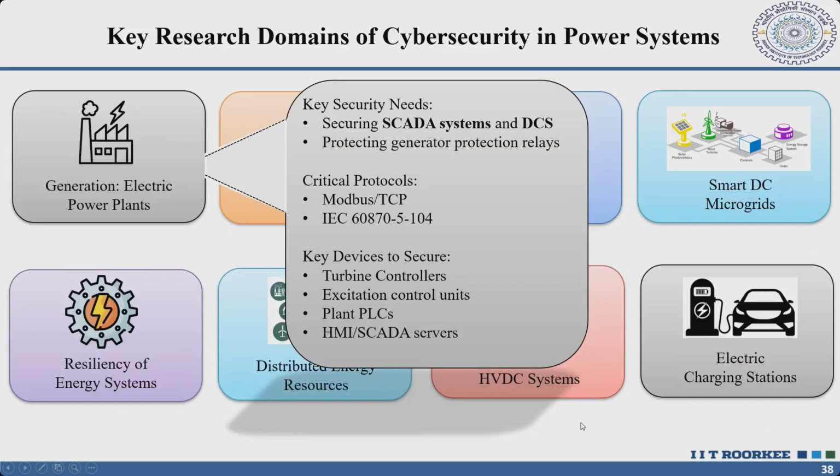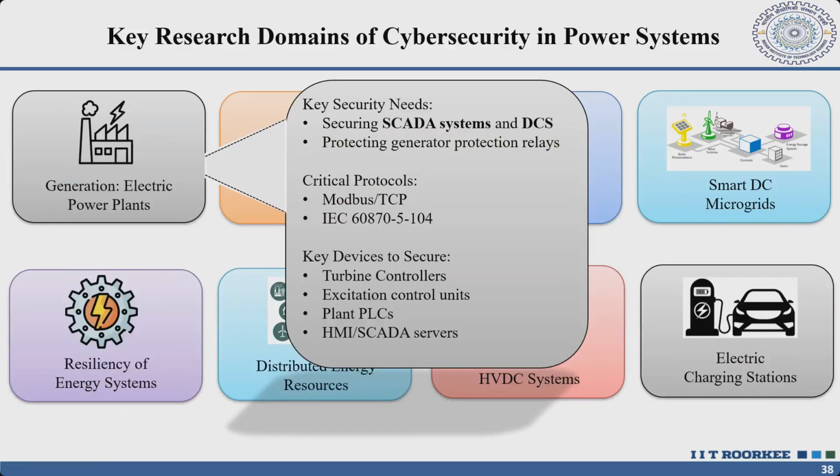The other areas are related to the producing of power, generation of electricity. There we have to secure our SCADA system, which works under the DNP3 protocol. Our distributed control system is also there. And the protocols they mainly use are Modbus/TCP and IEC 60870-5.